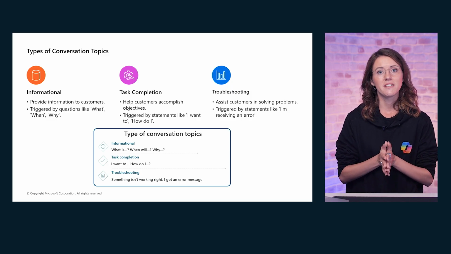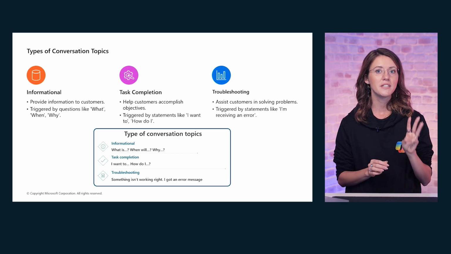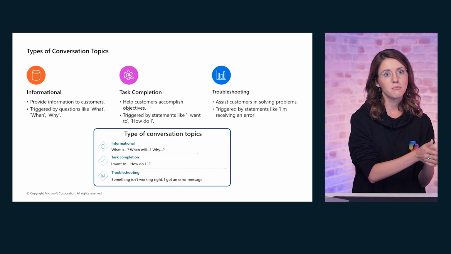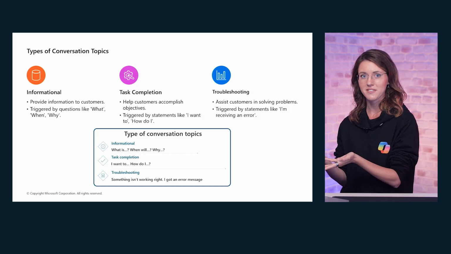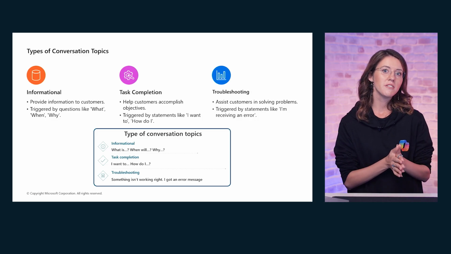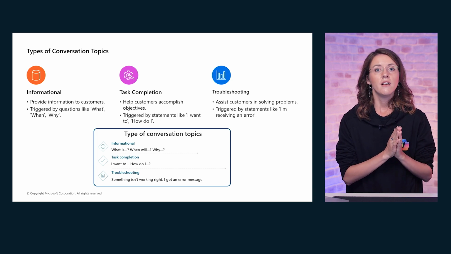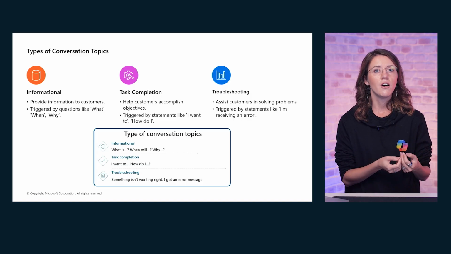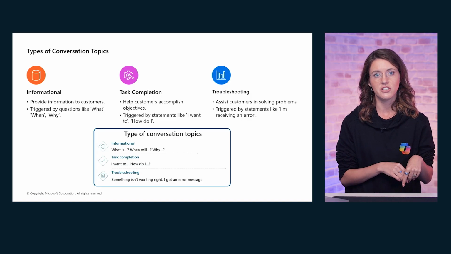When creating a topic, you can loosely categorize most into 3 types: informational, task completion, and troubleshooting. Informational topics focus on providing information to the customer. This often starts with a question like, what are the store hours for your Paris location?